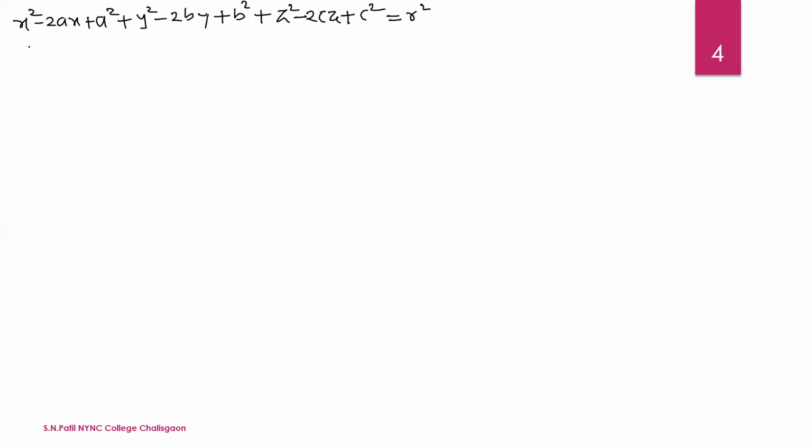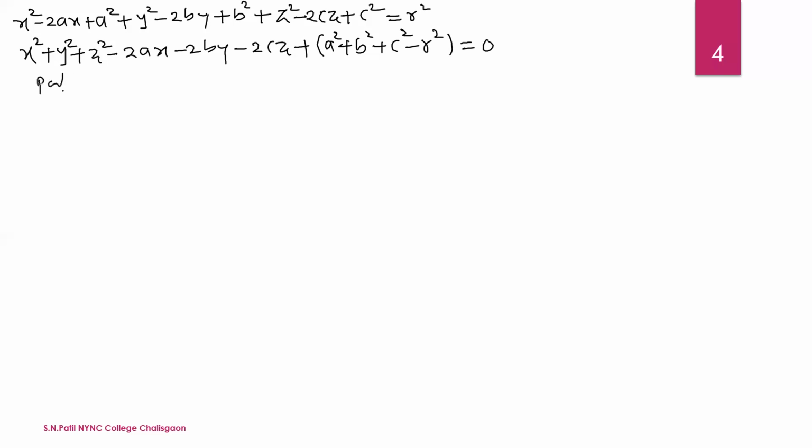Now it can be written as, first the second degree terms, x square plus y square plus z square, minus 2ax minus 2by minus 2cz. Now the constant terms, a square plus b square plus c square, and put the right hand side constant term on the left hand side, minus r square is equal to 0. Now here we make the substitution.